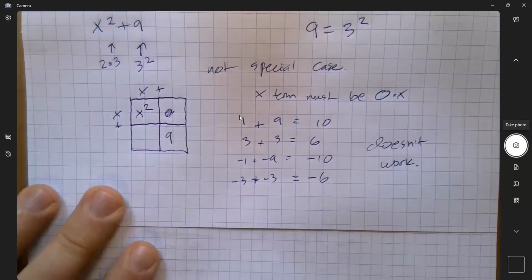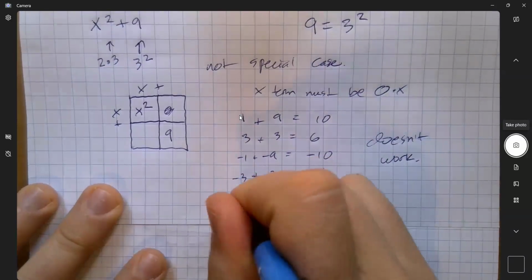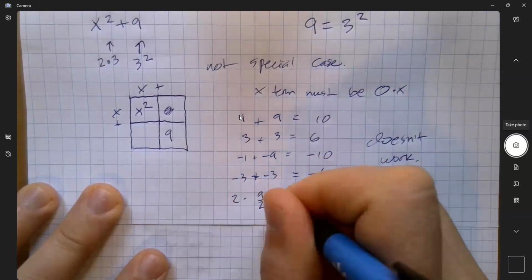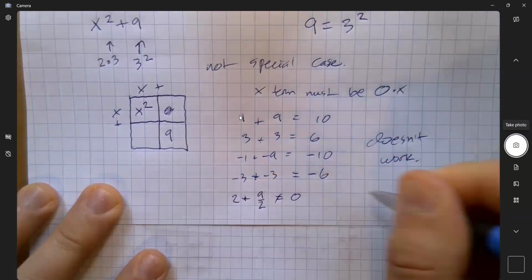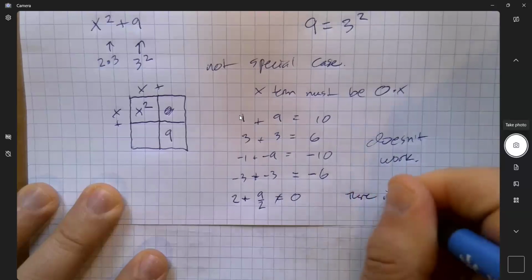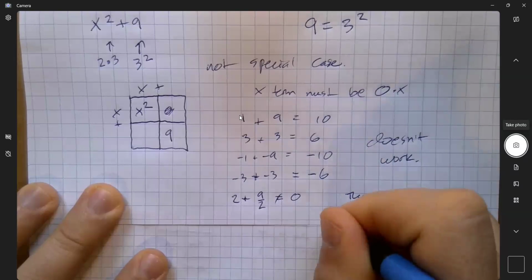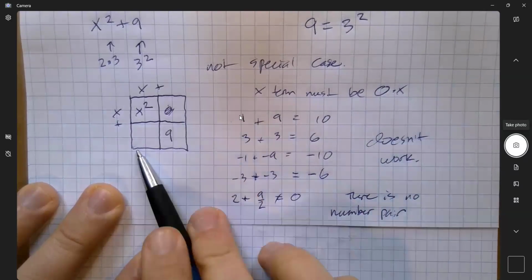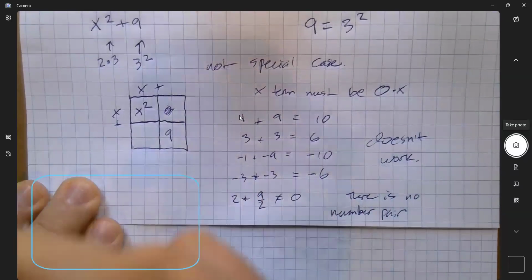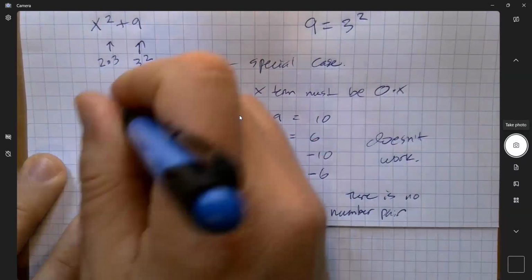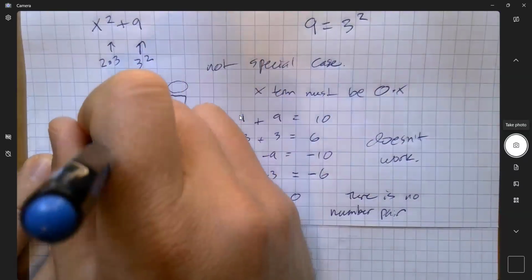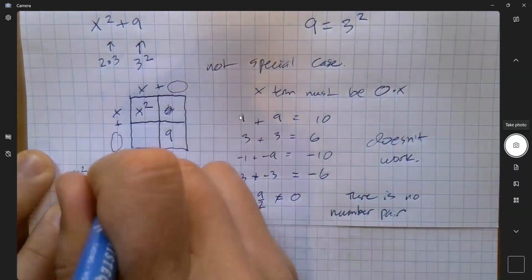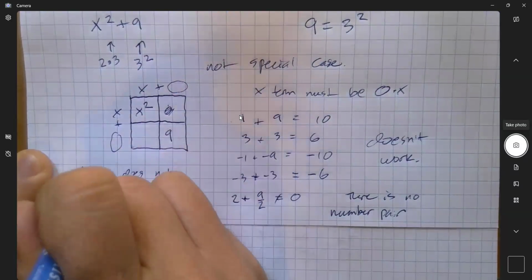And in fact, even if I checked fractions, technically I could do 2 times 9 halves equals 9. But when I add them, it's not going to equal 0. There is no number pair that multiplies to 9 and adds to 0. And what that means is, since there's no number pair, there's nothing that can go here and nothing that can go here that will work. And so x squared plus 9 does not factor.